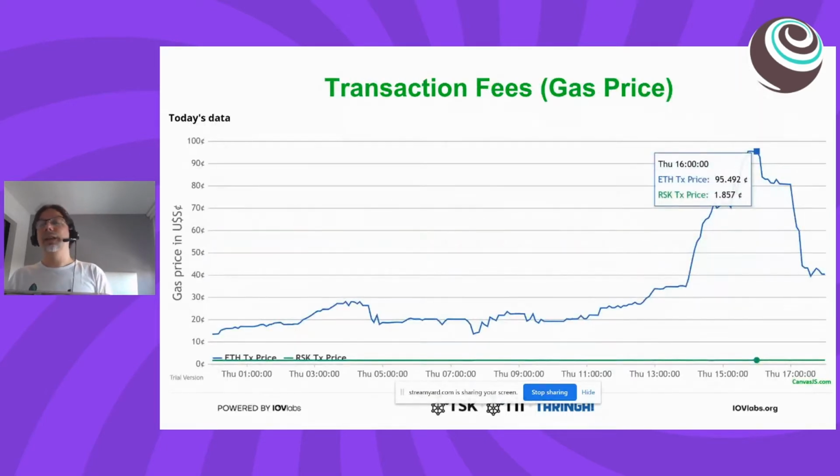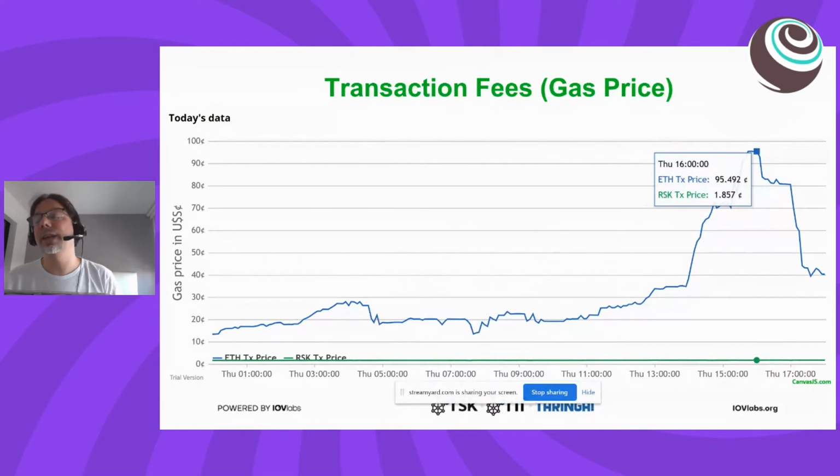The other thing that an end user will perceive from RSK is that it has much lower transaction fees. Of course, this is due to the congestion that happens in Ethereum right now, and we don't know what will happen in RSK. We have our own scaling strategy, but this is the current status of transaction fees.